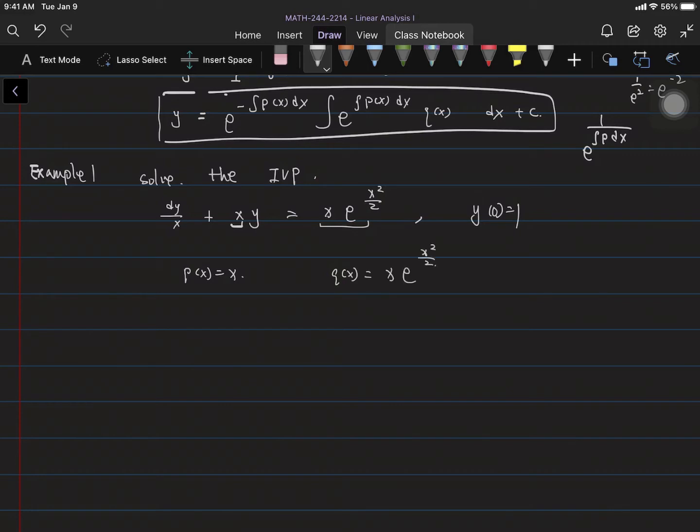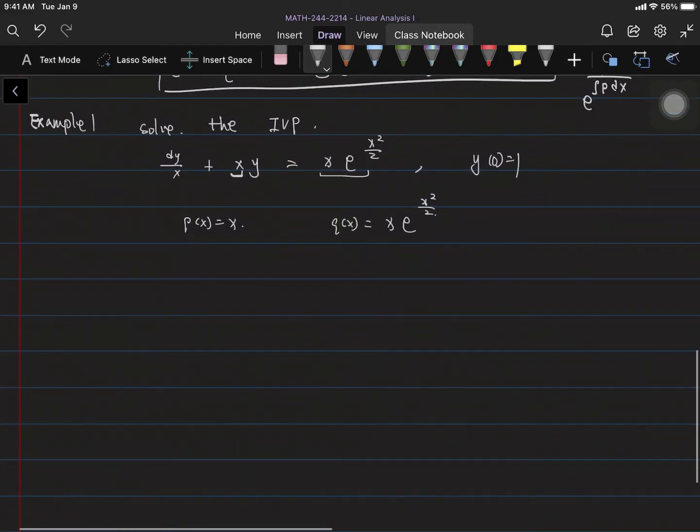So the first step, we can calculate this one. We use this a lot, right? Sometimes in the formula we use this plus or sometimes we use minus. So let's just calculate the integral of P(x) dx.